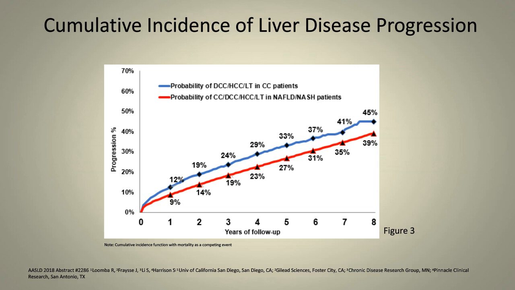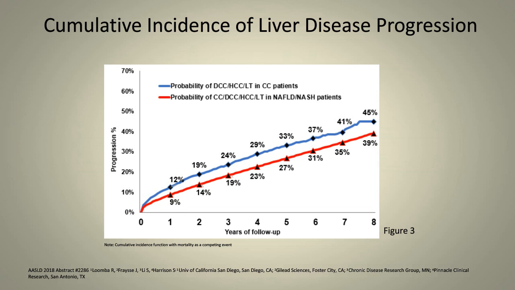But if you look at the probability of developing cirrhosis amongst NAFLD-NASH patients in red, the stark reality is even 40% of those patients progressed over an 8-year period of follow-up.